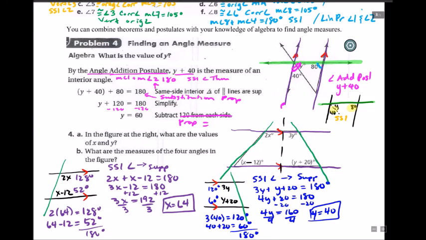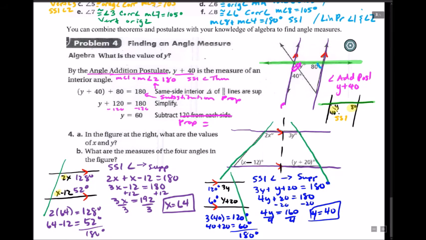All right, let's finish this up. What I did was I broke my figure into two separate figures, and over here I drew my parallel lines top and bottom, and I drew my left transversal and labeled my angles, and I could see that I had same side interior angles, and I know that if I have two parallel lines cut by a transversal, that same side interior angles are supplementary.